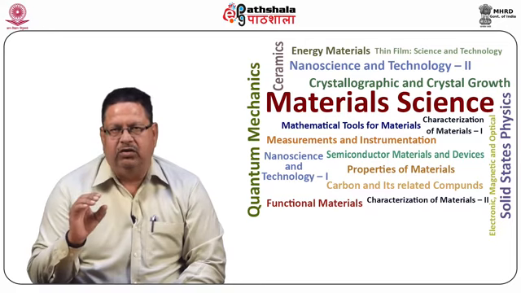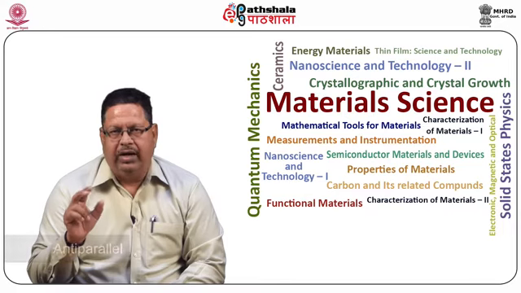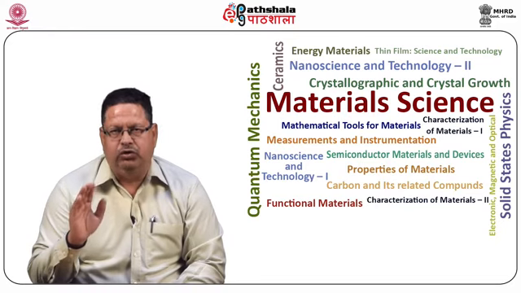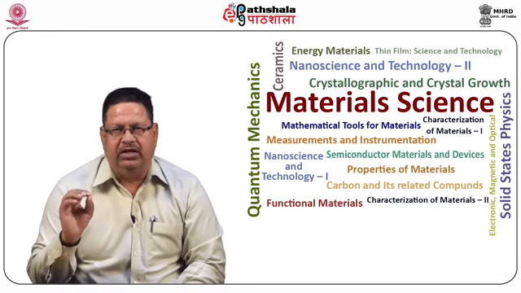Another scenario is when the neutron and proton are anti-parallel to each other: proton spin down and neutron spin up, or proton spin up and neutron spin down. So these are the four possibilities in which neutron and proton can be inside the nucleus.